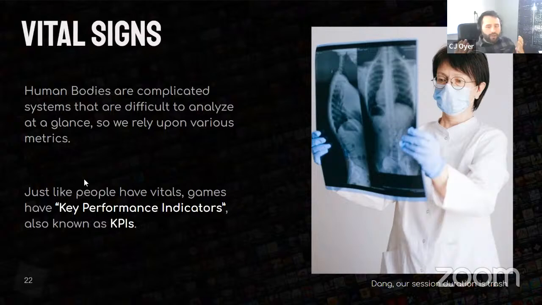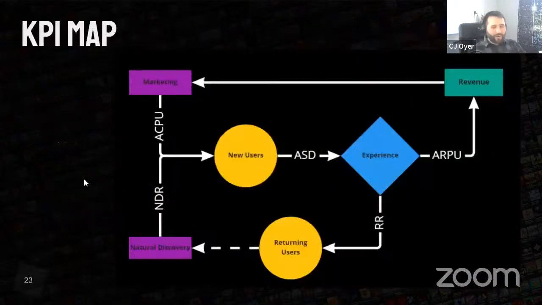Those give a glance into a very complicated system, but at the same time allow you to have workable numbers. You can't just have a 3D scan of everything, and even then, I'm not sure that would help, because there's so much information in a game. There are so many experiences, you have to narrow it down. And the way we narrow it down is with something called key performance indicators.